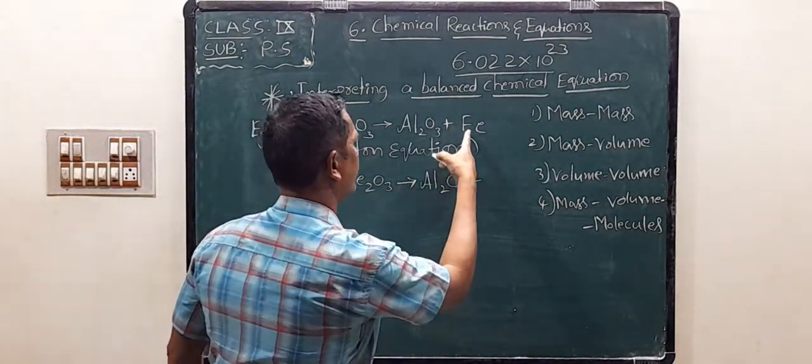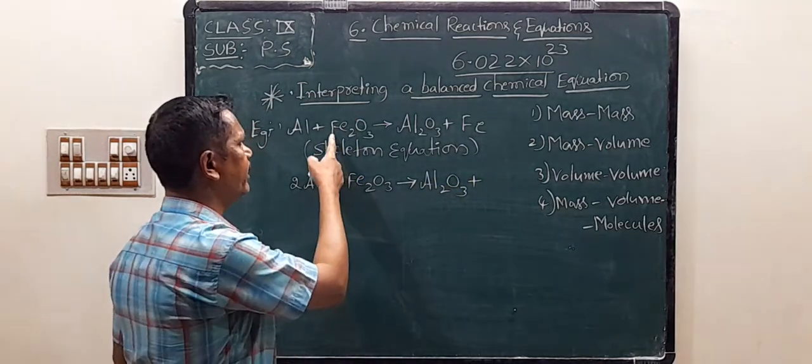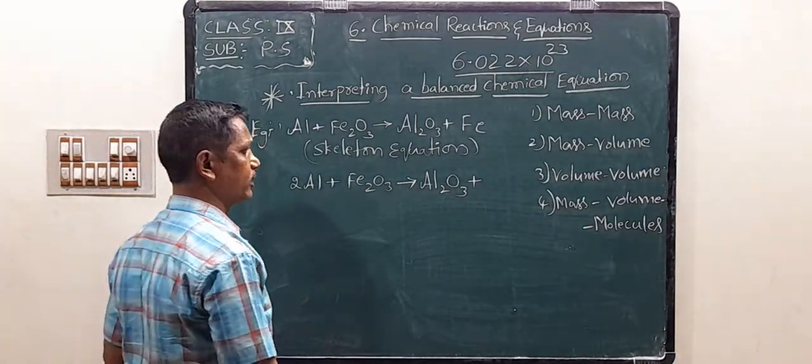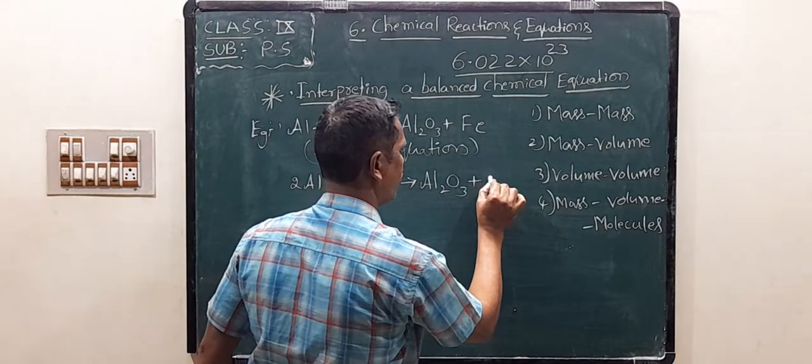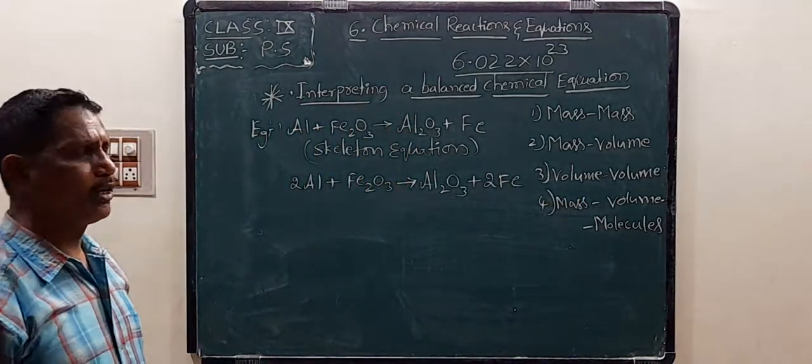Now only one iron atom is there on the product side, while 2 iron atoms are present on the reactant side. So put 2 as a coefficient, 2Fe. This is the balanced chemical equation.